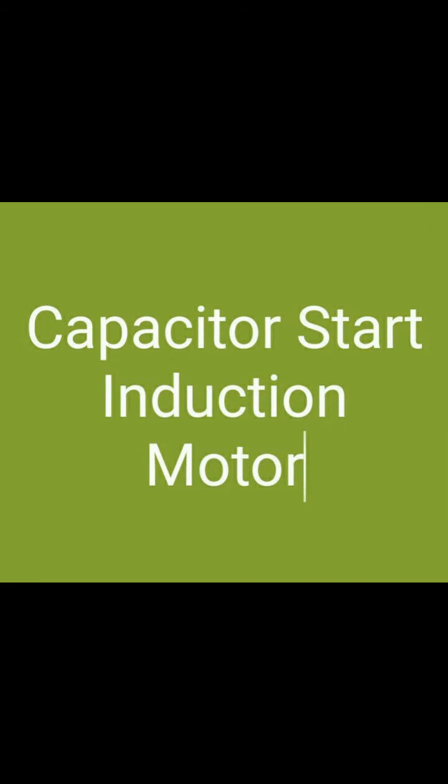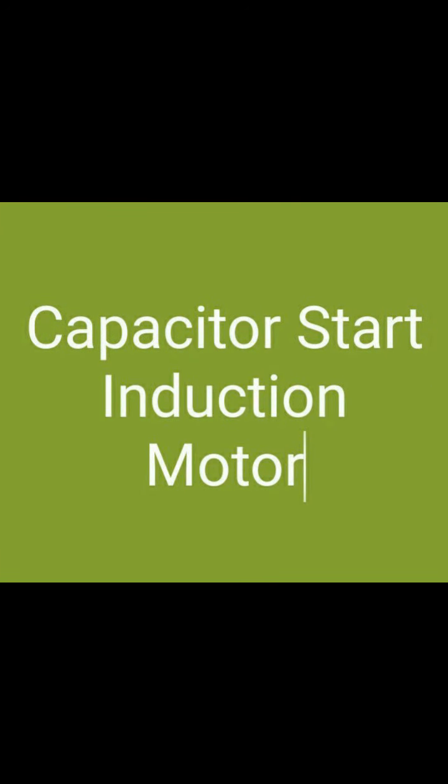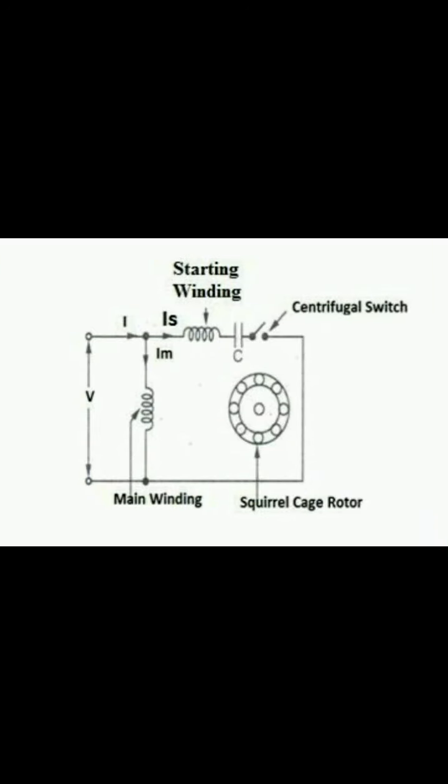So today we are dealing with the second type of motor, the single phase induction motor, capacitor start induction motor. The name itself indicates that for starting purposes we are using a capacitor for an induction motor. That's why this motor is called a capacitor start induction motor.